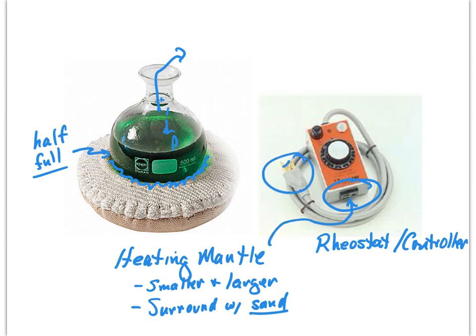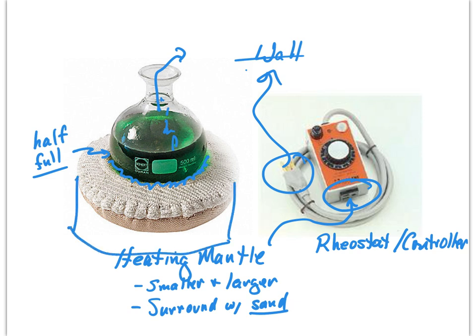The rheostat controller is plugged into the wall. Now, most of ours are designed a little bit differently. Some of ours, the heating mantle is actually contained in a box-like container. You don't have to put it on a ring stand like you would this kind. And so some of them have their own controllers. Some of them have dedicated controllers that you plug them into.